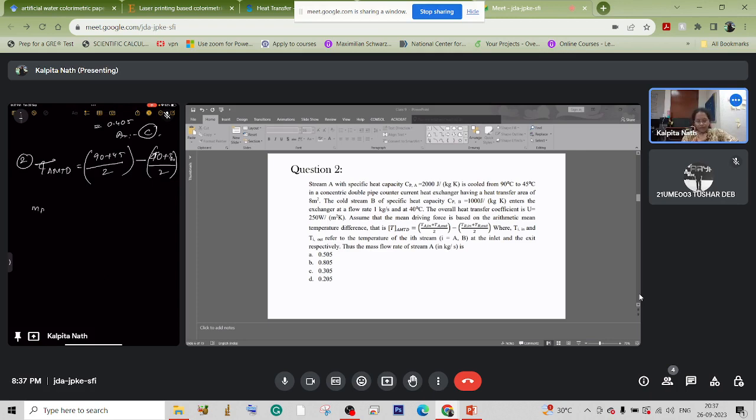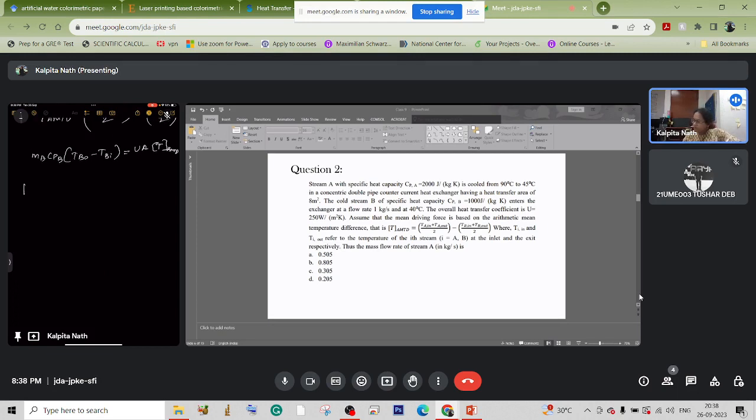So if we do the balance for B, MB CPB (TB out minus TB in) is equal to UA times TAMTD, because for the hot fluid the mass flow rate is not given here, so we need to use this.